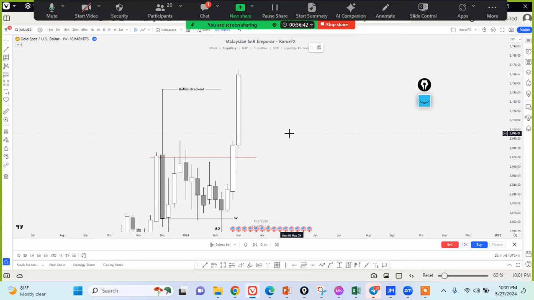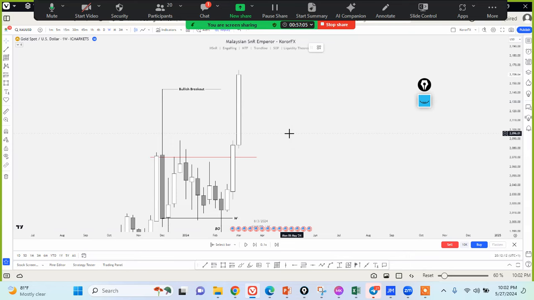You may have a lot of SNR levels on the same area, but price will tell you which level to stop at. You are not aiming before the price reaches that level. You will wait for price rejections or price breakouts to know which level to stop at.